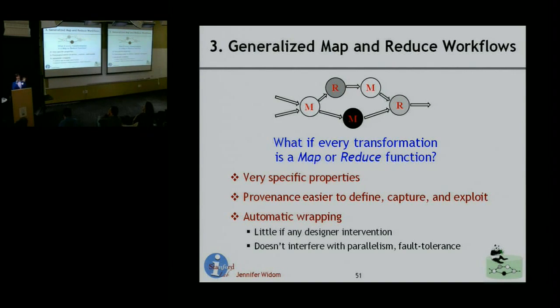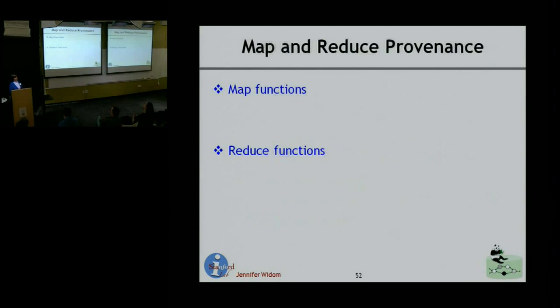In fact, you can write an automatic wrapper on top of Hadoop that will capture provenance when you know these are map and reduce functions, with very little intervention of the person who's writing the job, and it doesn't interfere with the behavior of Hadoop. So this is really, again, very narrow, and it was one student, one year project or less.